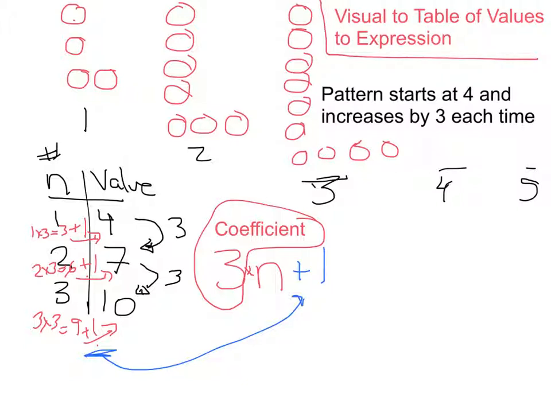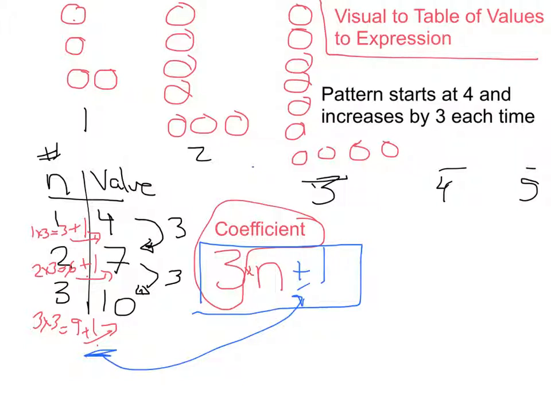So this is our expression, 3n plus 1. And now you should be able to identify all these pieces, whether you're looking at your visual pattern, your table, every single time.